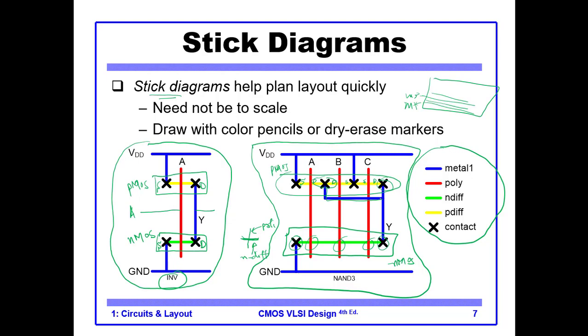The drain of A and B are connected to the drain of C, and they are connected to the drain of C in the NMOS. So they are in parallel. You see the source, so both the sources are connected to the VDD line. So this is the stick diagram for the 3-input NAND gate that we discussed in the previous slide.